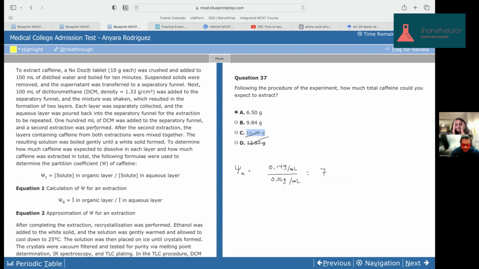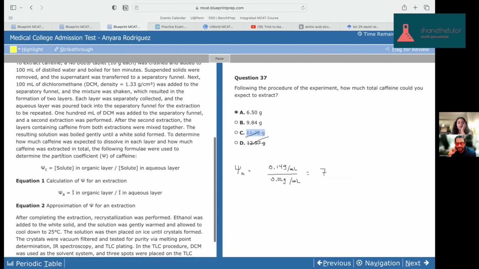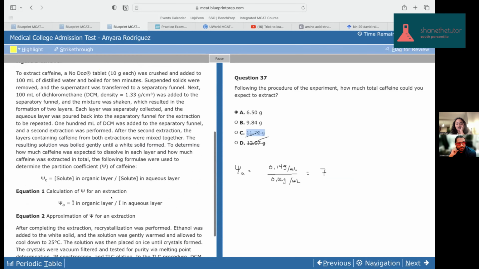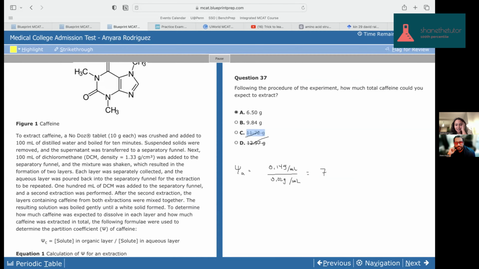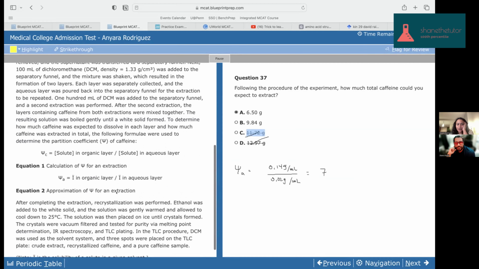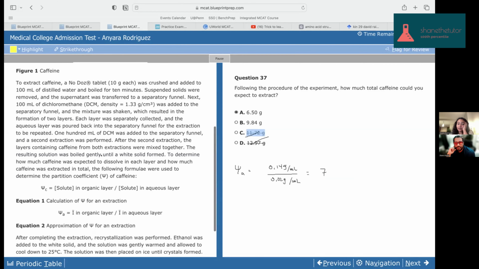This partition coefficient is giving us an indication that if we started out with 10 grams of caffeine and expect to extract around 7, that's around 70%. I'm thinking in terms of efficiency, like 70% extraction. So if we start with 10 grams, we should expect something around 7, just as an approximation, maybe.